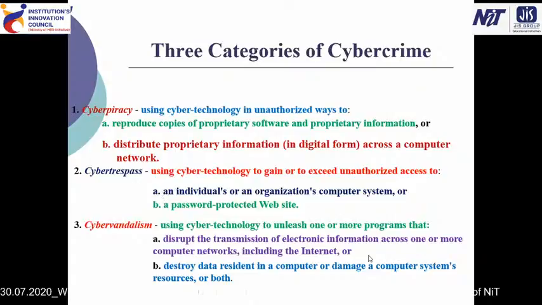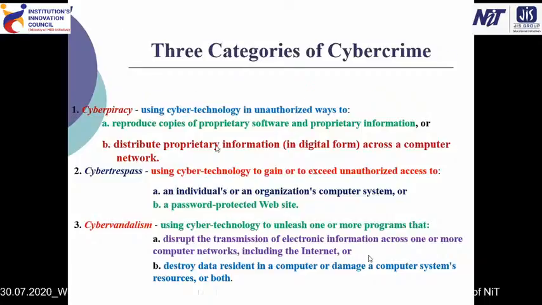The third, cyber vandalism, is using cyber technology to unleash one or more programs to disrupt the transmission of electronic information across one or more systems or computer networks, including the internet, that destroy the data resident on the computer or damage computer systems, the resources, or both.